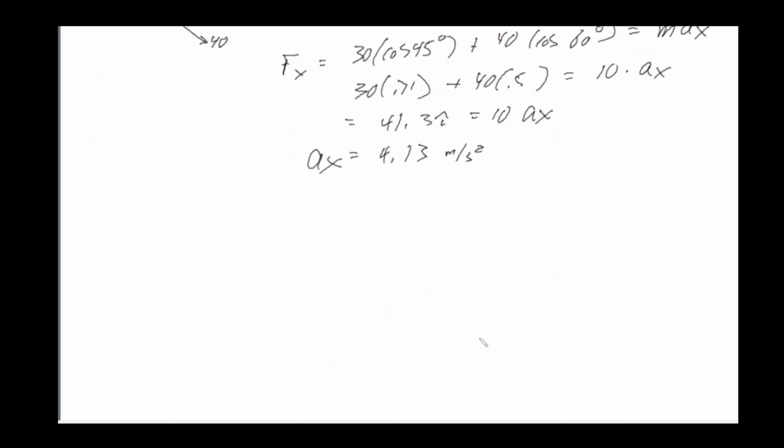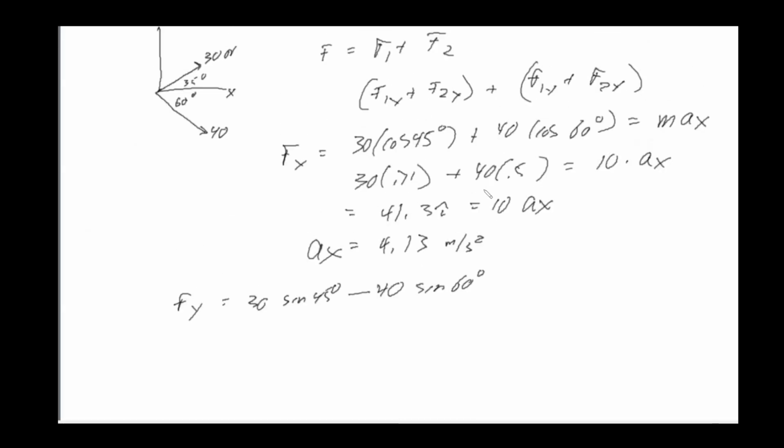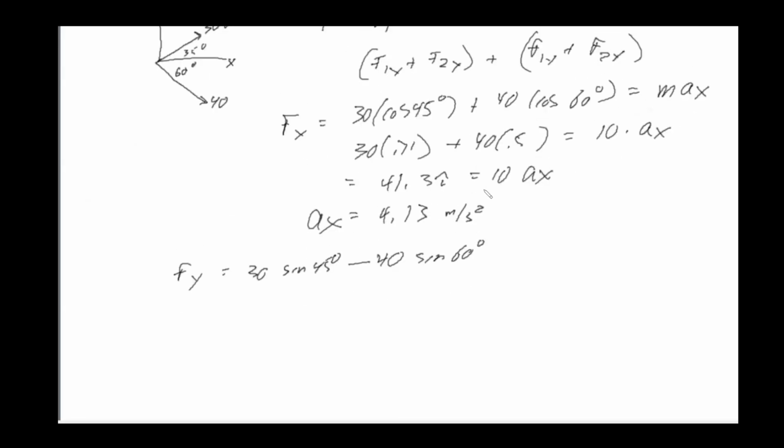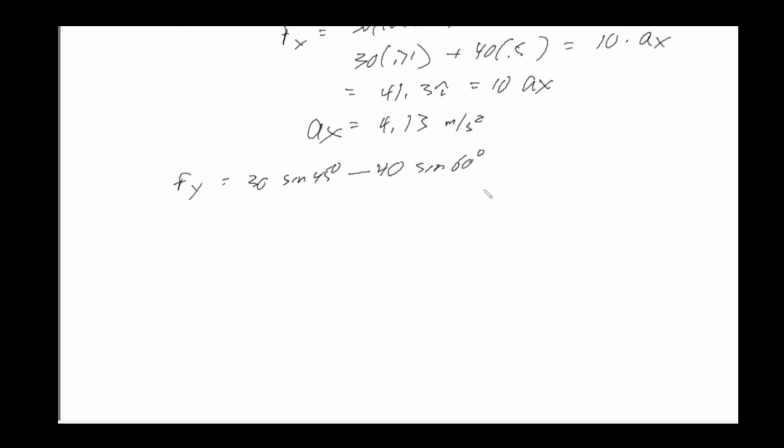And we can do the same for y. In this case, force in the y direction is equal to 30 times the sine of 45 degrees minus 40 times the sine of 60 degrees. And it's minus because it goes into the negative y direction.